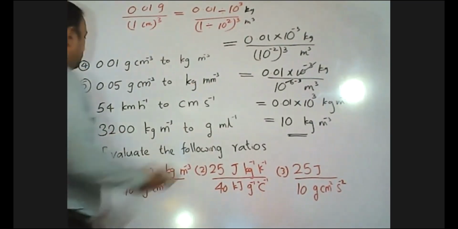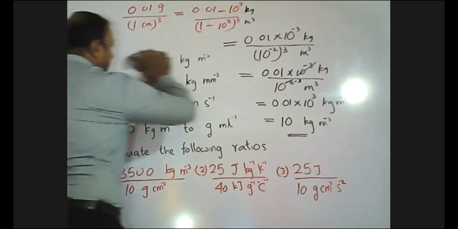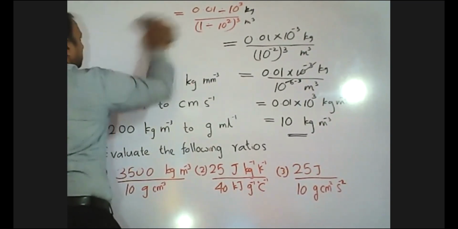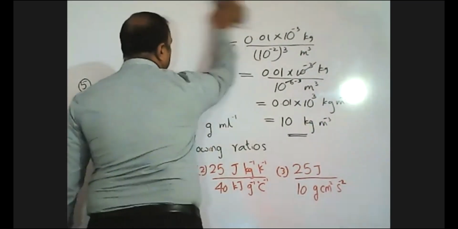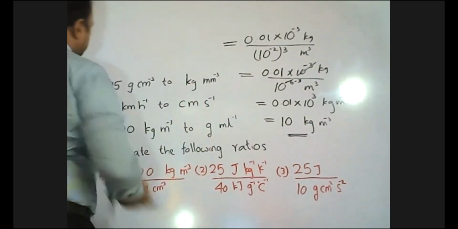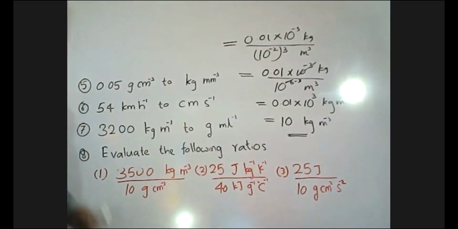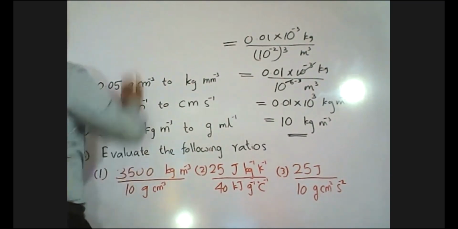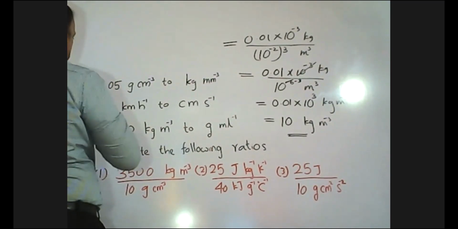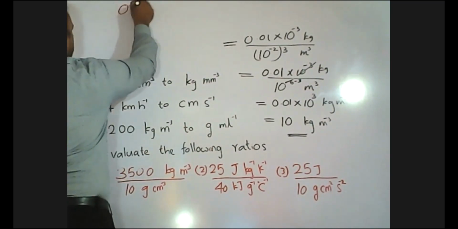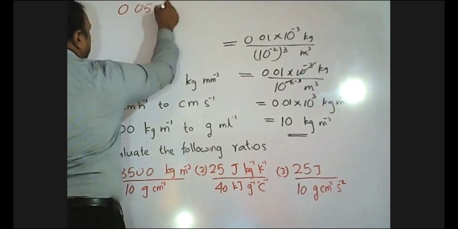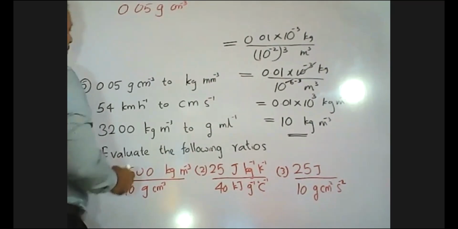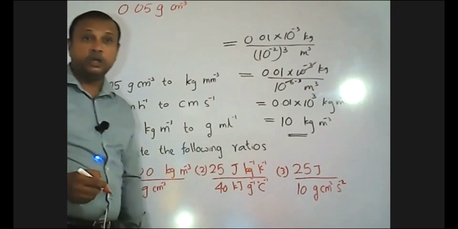Okay. The next question. 0.05 gram per centimeter cube. Now I have to convert 0.05 gram per centimeter cube into kilogram per millimeter cube.